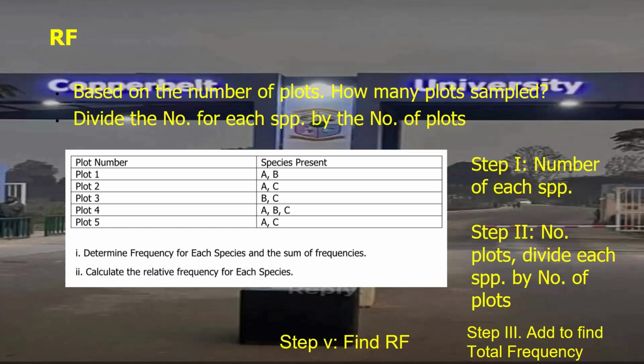So for species A, we have a relative frequency of 36.36%. I hope you are not lost.